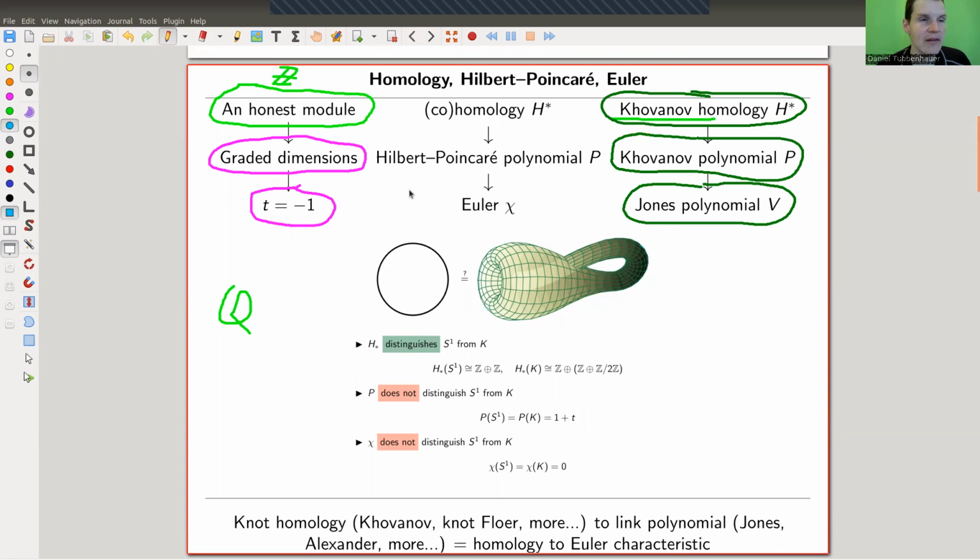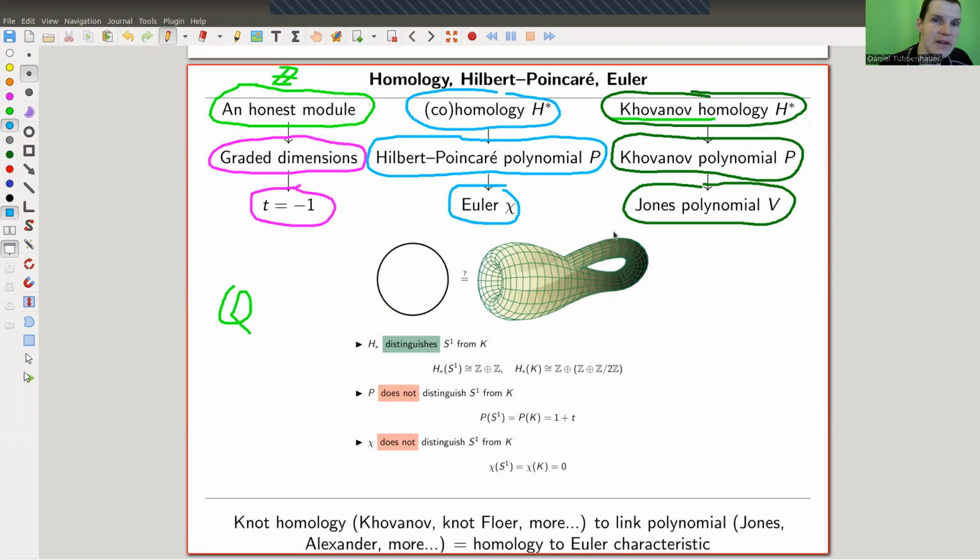The story is very similar to taking homology: take dimensions, and you get what is called the Poincaré polynomial, or the Hilbert-Poincaré polynomial. Take t equal to -1, and you get the Euler characteristic, this nice topological invariant of any manifold. I'm going to explain the Euler characteristic later.